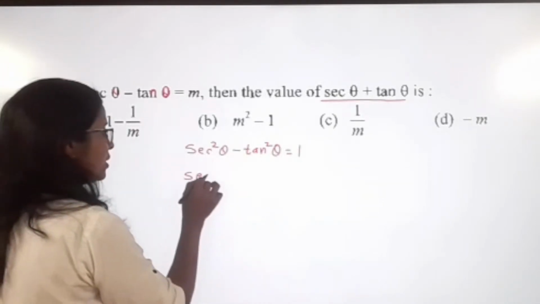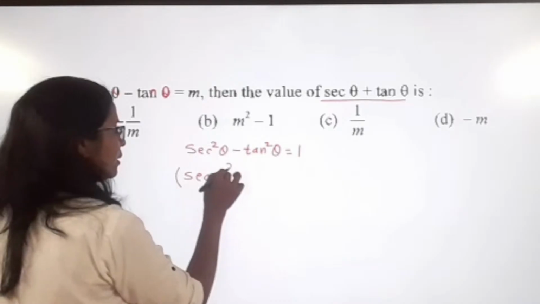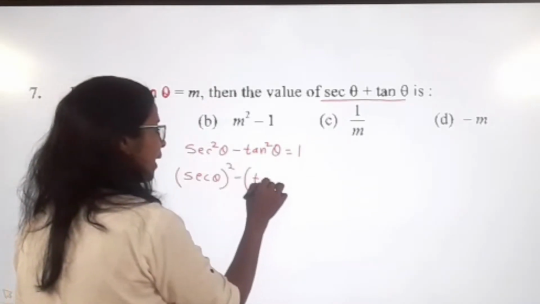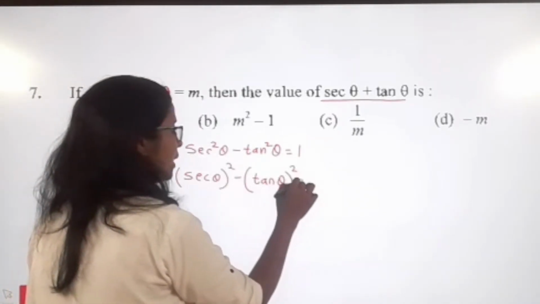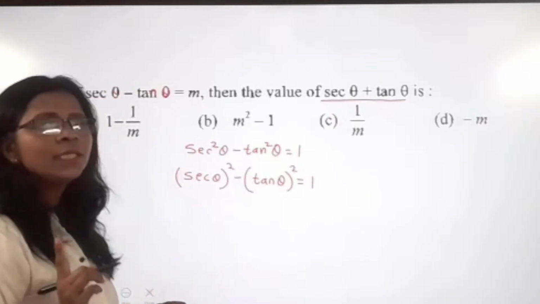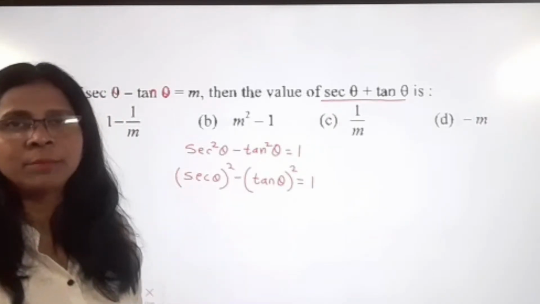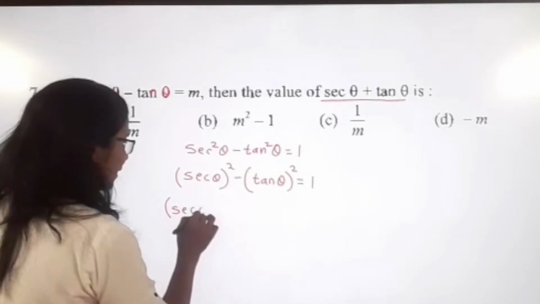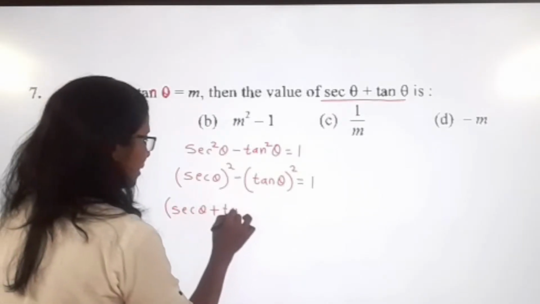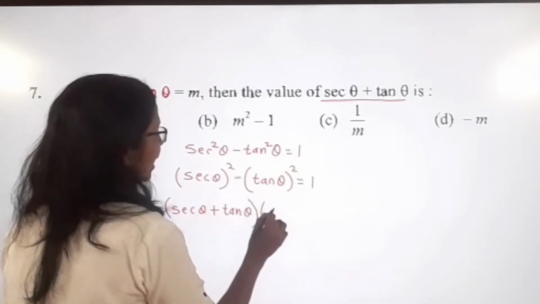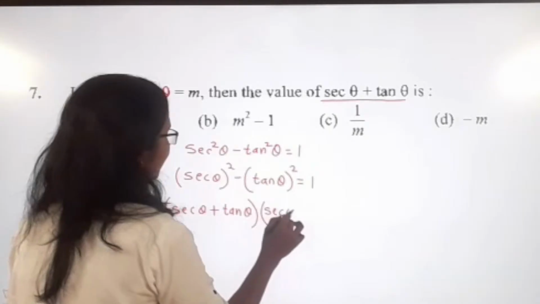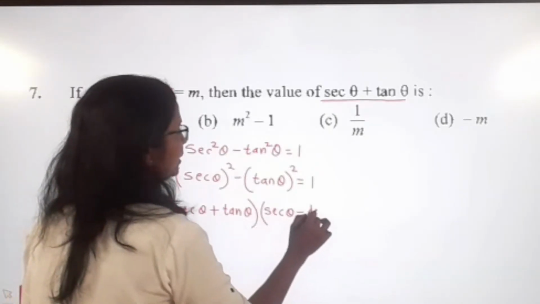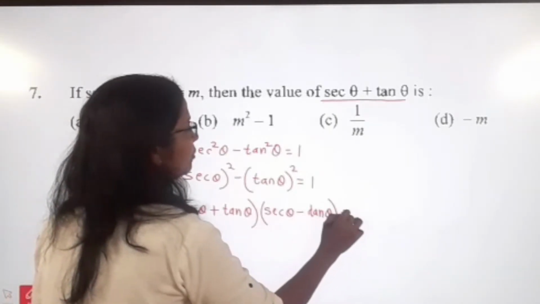That means (sec theta) whole square minus (tan theta) whole square is equal to 1. So it is in the form of a square minus b square. So in the first bracket we write sec theta plus tan theta, and in the second bracket we write sec theta minus tan theta, which is equal to 1.